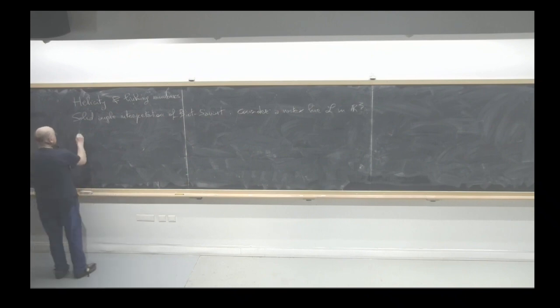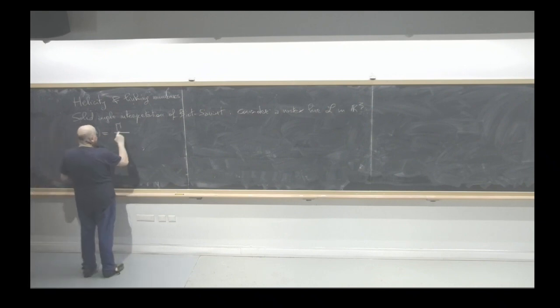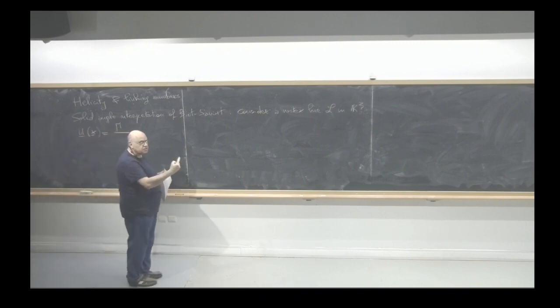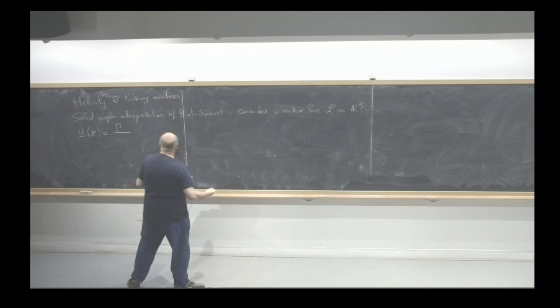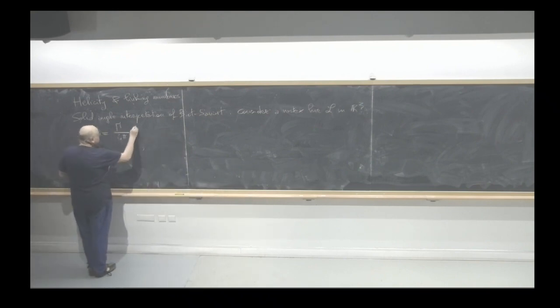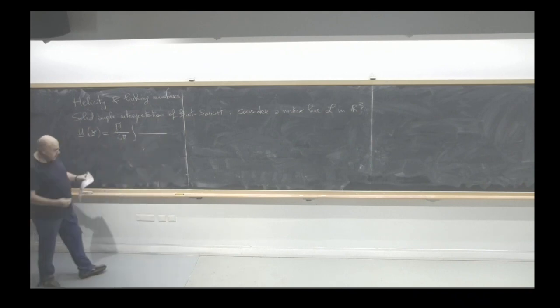So we have a u of x. The Biot-Savart integral I showed you yesterday reduces to gamma. Gamma is the circulation, so the flux of vorticity, which takes into account the integration across the thin cross-section. We have a 4 pi, and then the volume integral is reduced to a line integral.